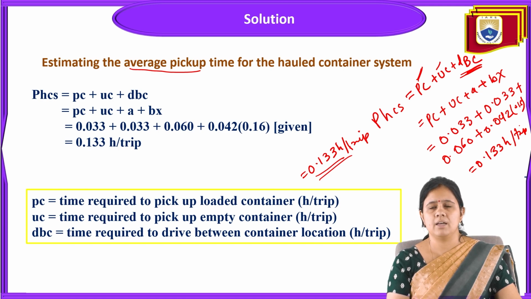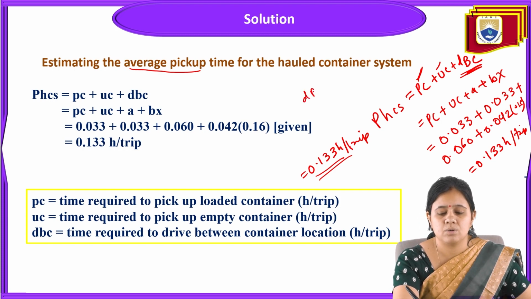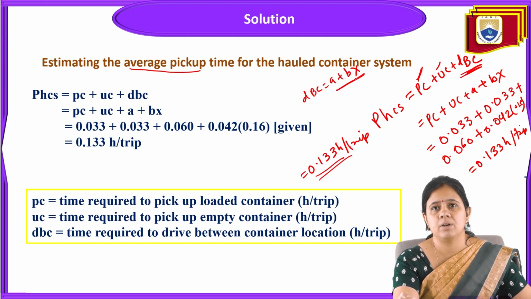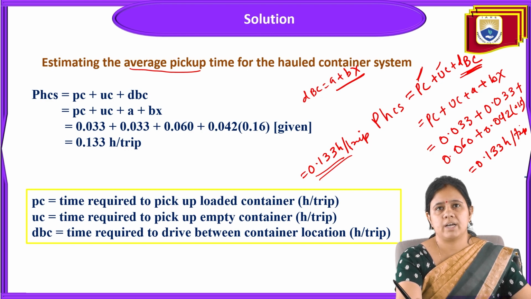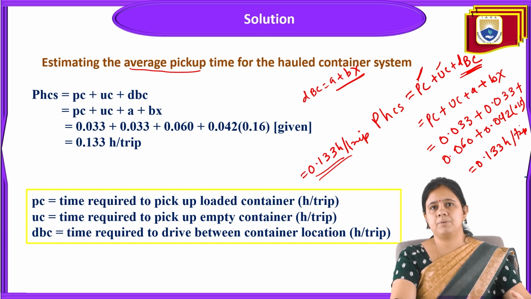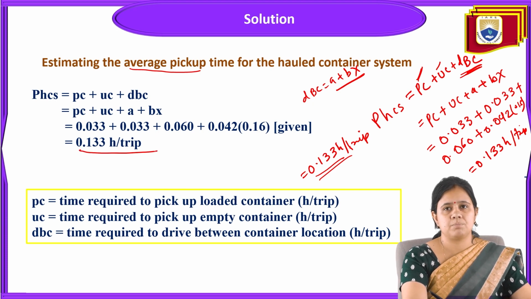By the given formula, PC plus UC plus DBC, and DBC is equal to A plus BX. A plus BX has been calculated as 0.060 plus 0.042. So the total average pickup time is 0.133 hours per trip.